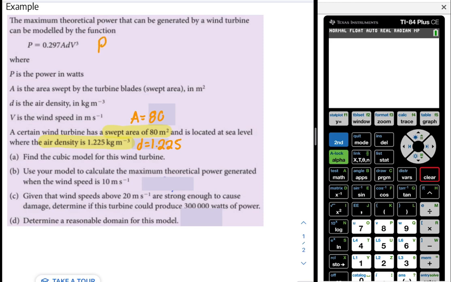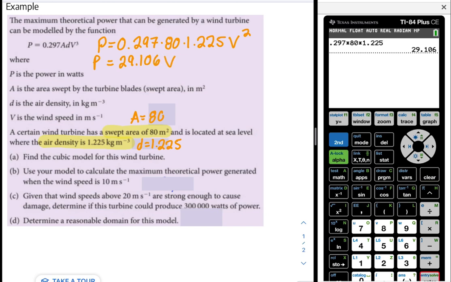P is equal to 0.297 times A, which is 80, and times D, which is 1.225. The V, our wind speed, is the variable we're interested in. In your calculator, you can simplify this, and we should get that P is equal to 29.106 times V cubed. This is the equation we're going to use to solve all of our questions.